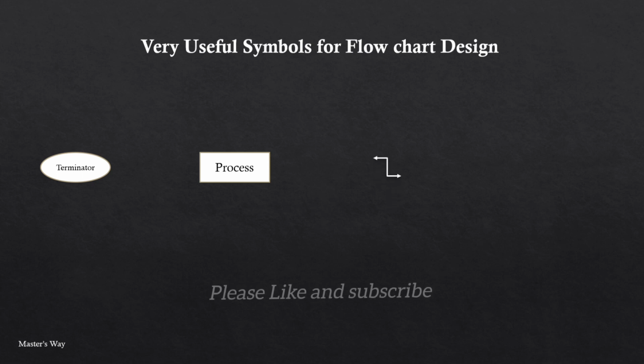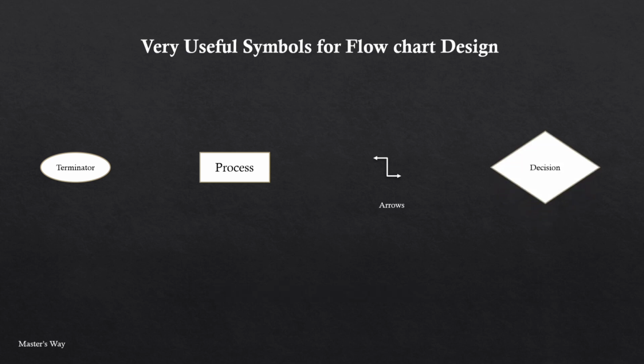Next we have the arrow. It is used to guide the viewers along their flowcharting path. And next we have the diamond, which symbolizes that a decision is required to move forward. This could be binary choices like that. And we will have some decisions or conditions in this to choose which way we need to go.